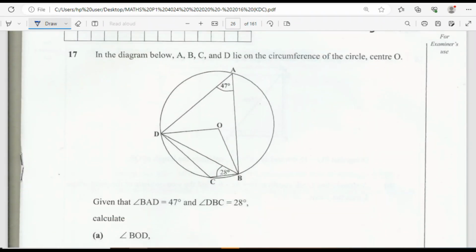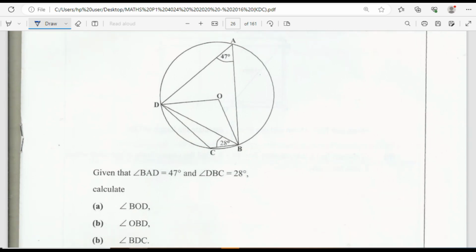Okay, so we have circle theorem. In the diagram below, A, B, C, and D lie on the circumference of the circle center O. Now for this topic to make sense, make sure you first understand the properties. Given that angle BAD is equal to 47 and angle DBC is equal to 28, calculate BOD. So BOD, this angle.